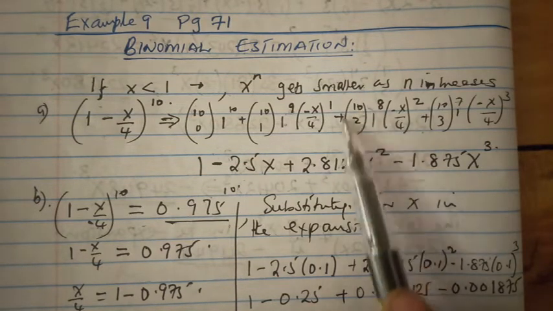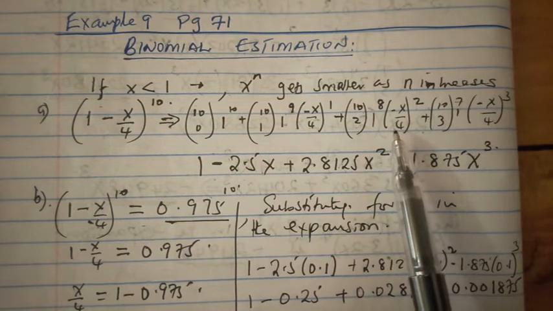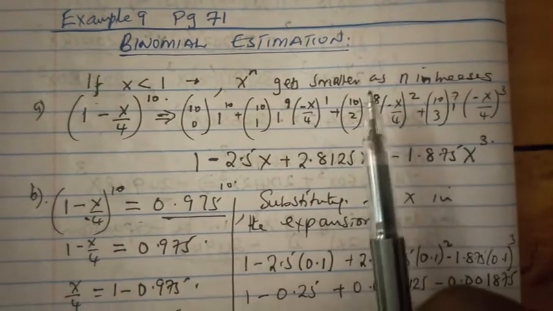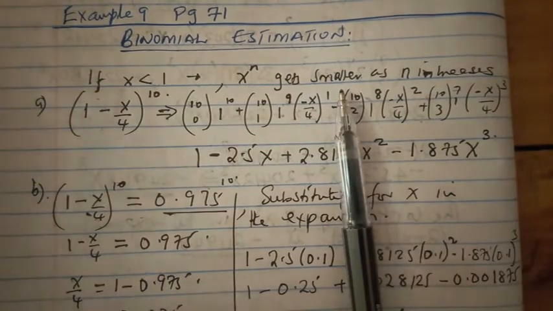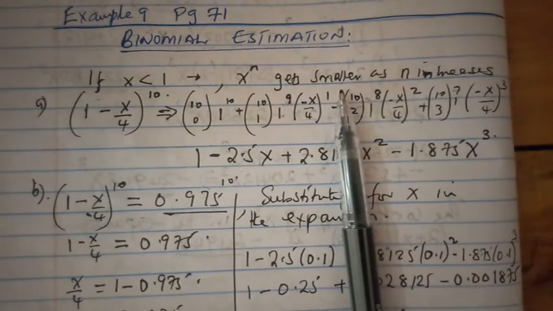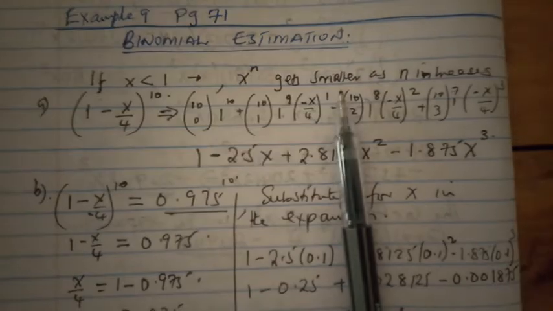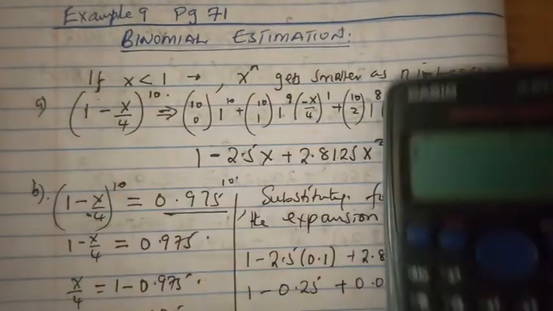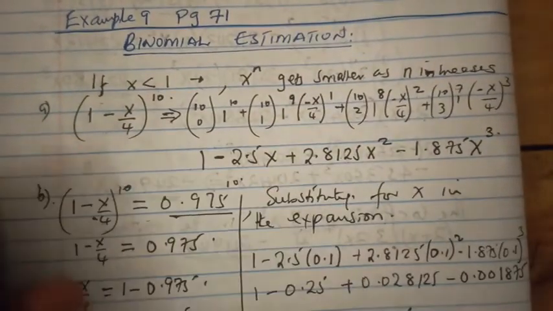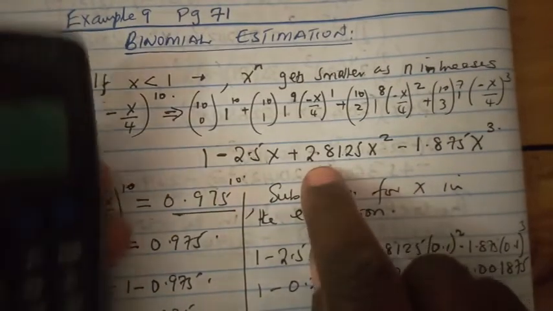Let us have the calculator very near so that we can see how this becomes 2.8.